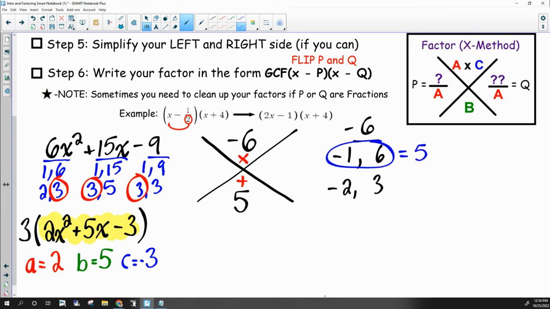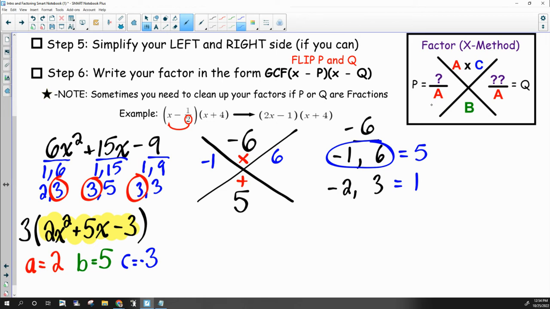If we wanted to just check for funsies, -2 plus 3 is 1. That does not work. So -1 and 6 are the mystery numbers. Okay, step 4 done. Found the mystery numbers.